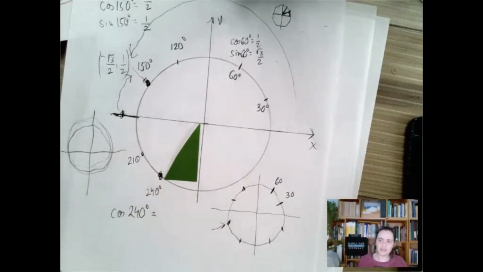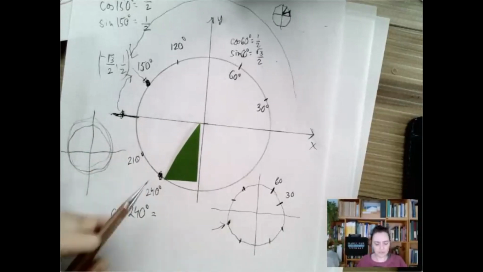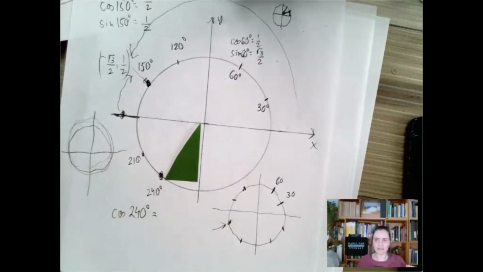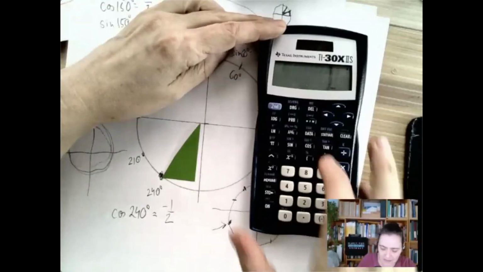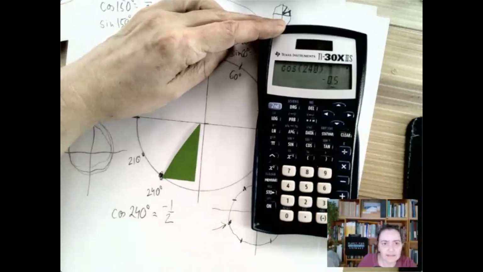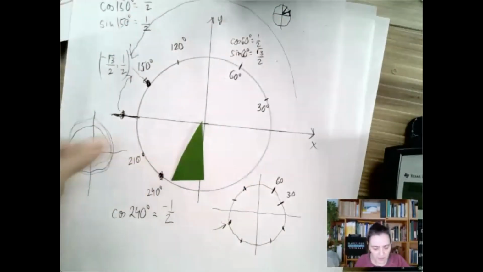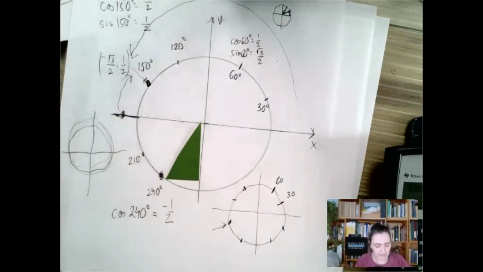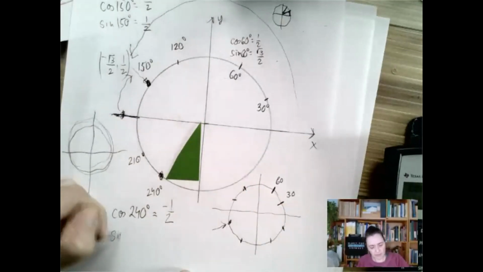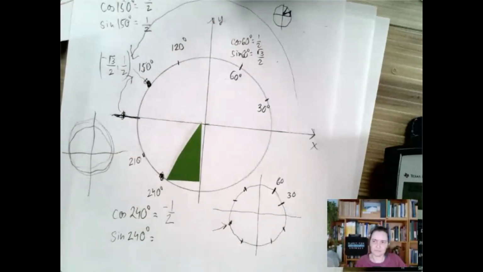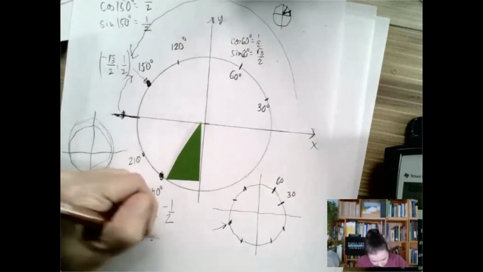Just use the orientation and the shorter, longer side to decide what is the x coordinate of this point. -1/2. There it is, -1/2, cosine of 240. What about the y coordinate, which would be sine of 240? -√3/2. Exactly.